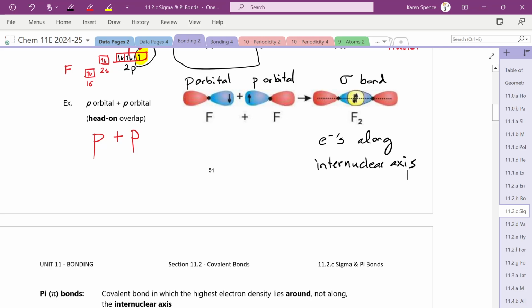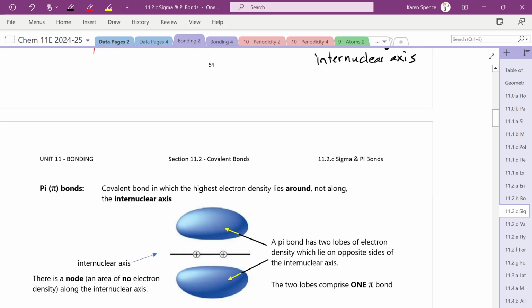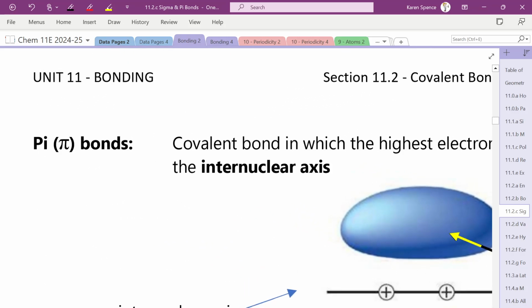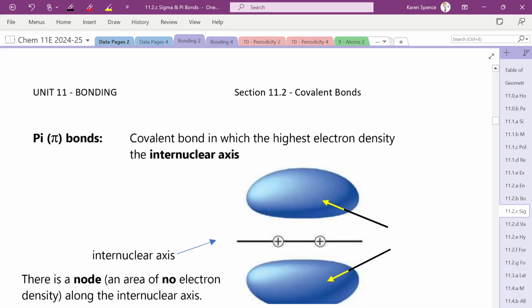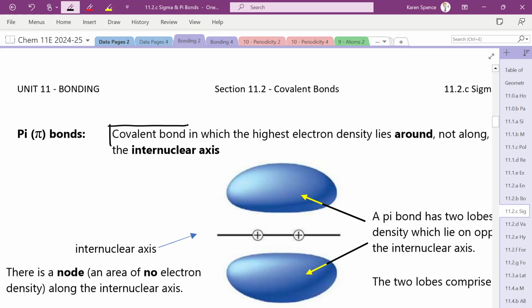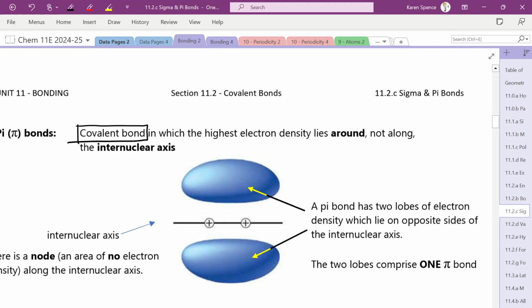Now we're going to talk about pi bonds. You guys know the symbol for pi. There's our pi. A pi bond is still a covalent bond, but the density is not along the axis. The density is around the internuclear axis.